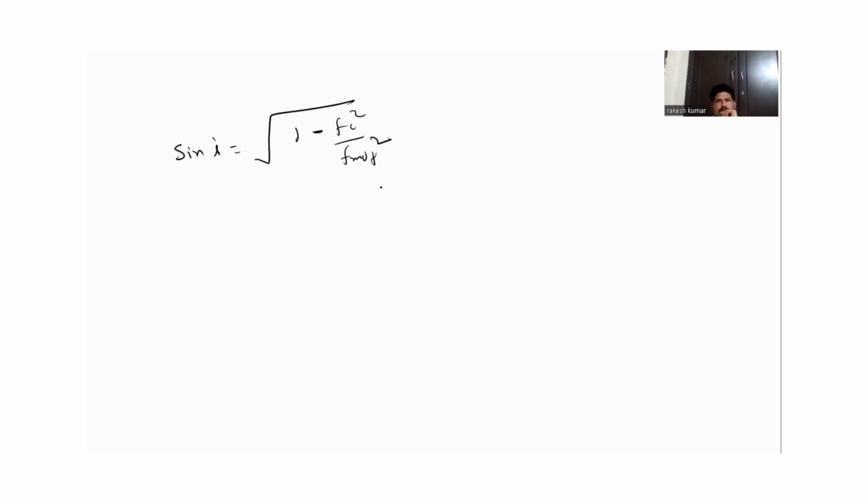Let us consider fc square by f naught whole square. If you bring the squaring on both sides, it will become sin square i is equal to 1 minus fc square by f naught whole square.